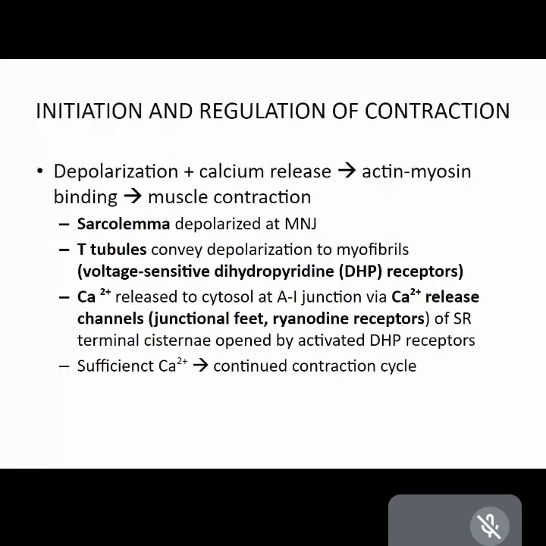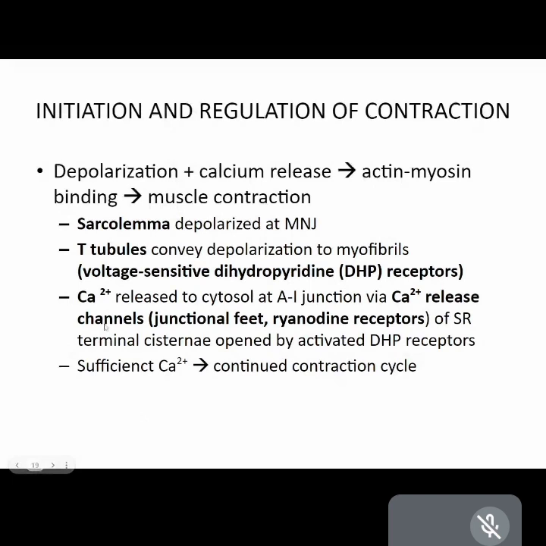Initiation and regulation of contraction: depolarization plus calcium release will lead to actin-myosin binding, then it will result in muscle contraction. So, sarcolemma is depolarized in the neuromuscular junction. The T tubules convey depolarization to myofibrils, which have a voltage-sensitive dihydropyridine receptor.